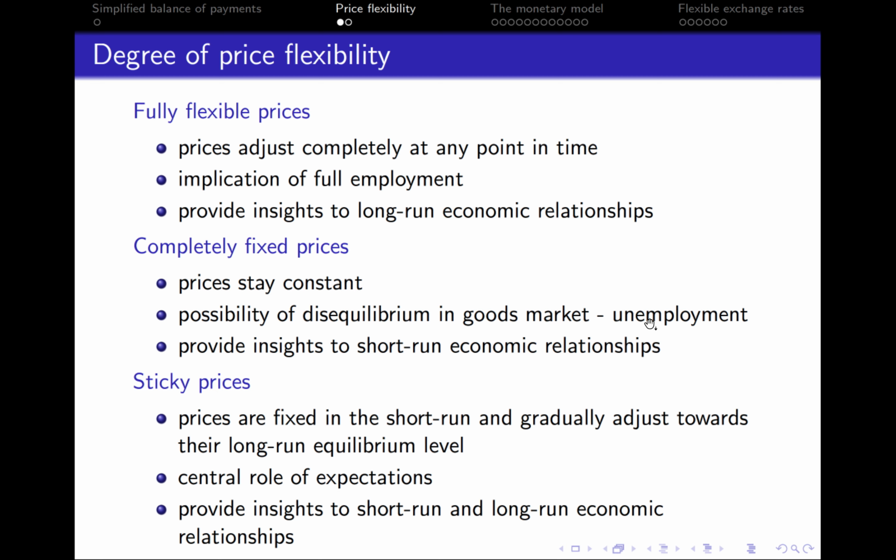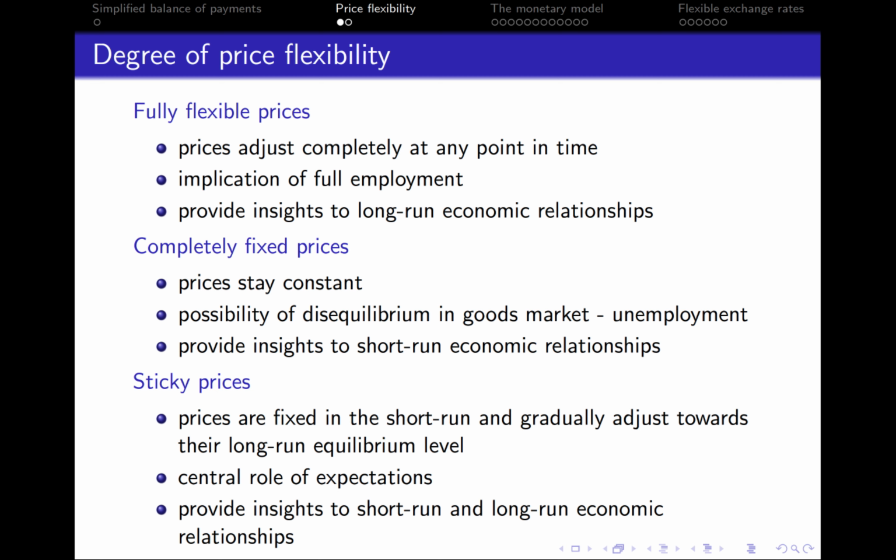We are producing less than we could produce effectively because prices in our economy have not been able to adjust to changing conditions. And again, this provides insight into short run economic relationships.